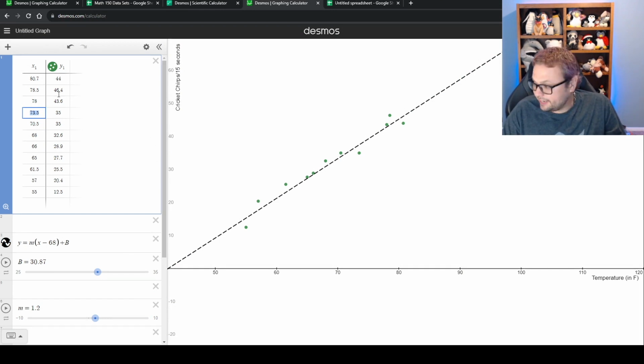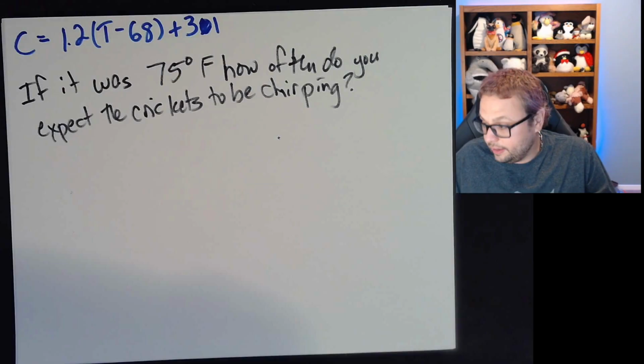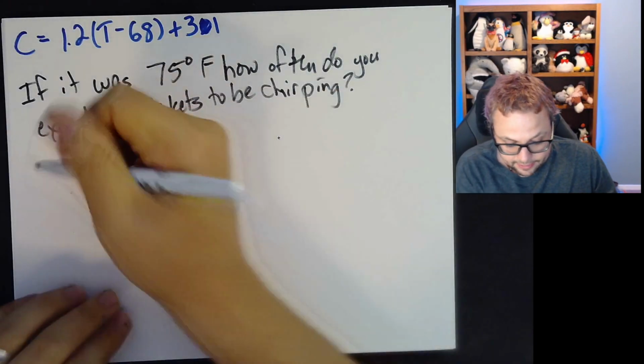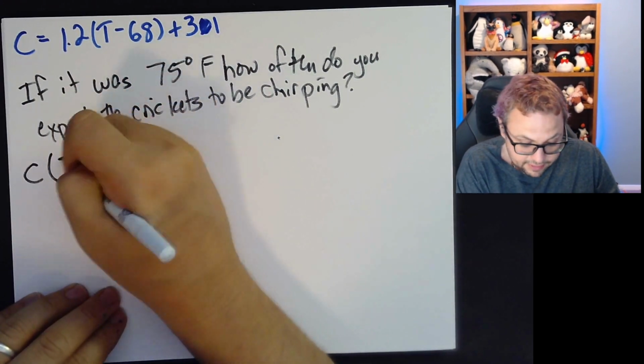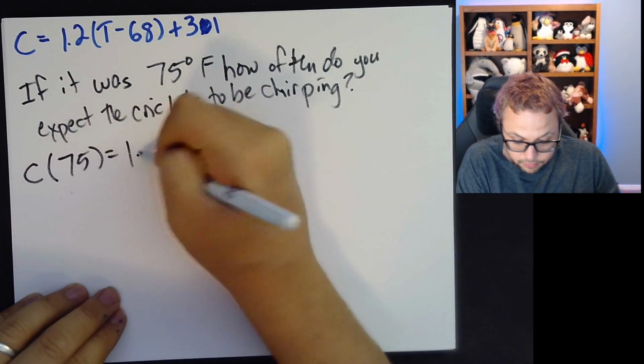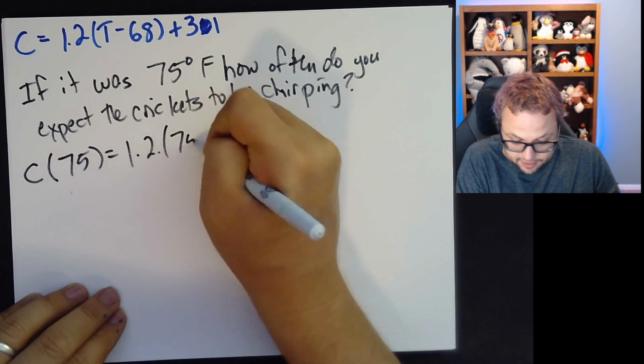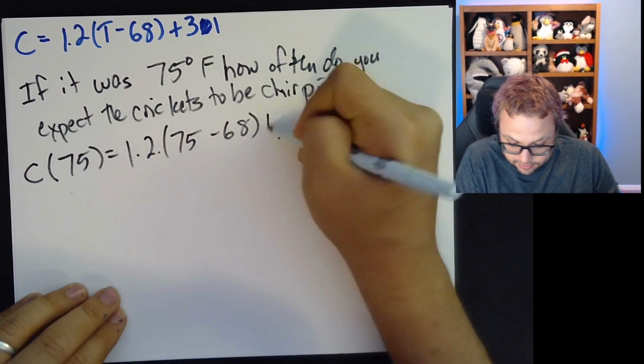So I can't directly estimate this answer from the graph. But what I can do is plug 75 into my linear model. So the way we're going to do this is by calculating C of 75, which is 1.2 times 75 minus 68 plus 31.